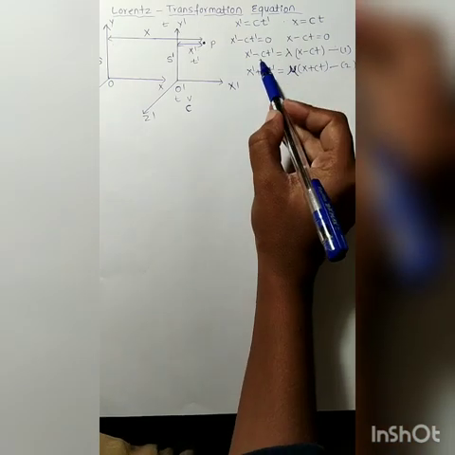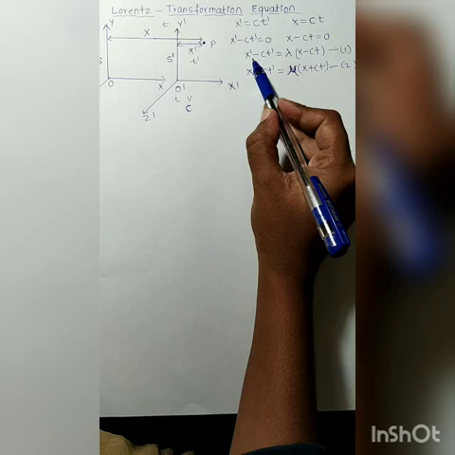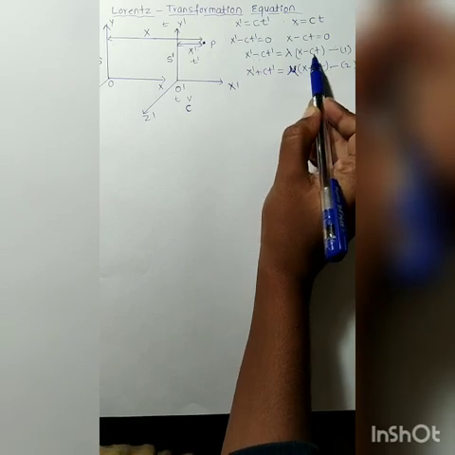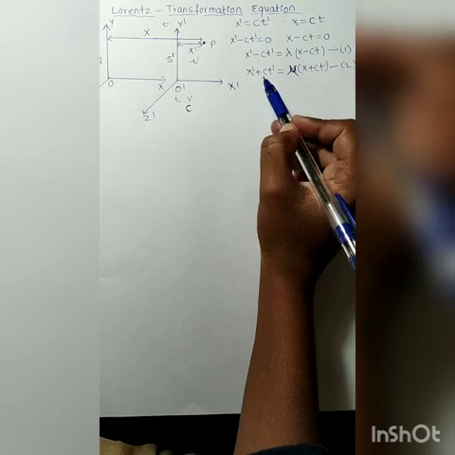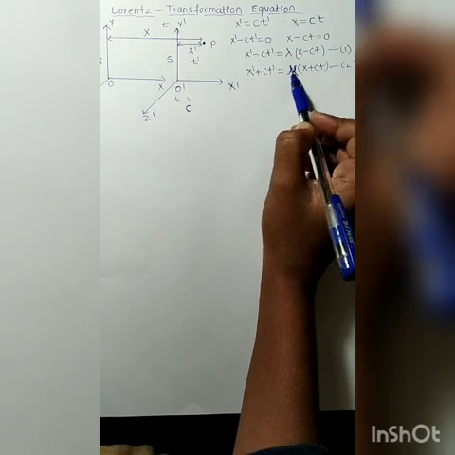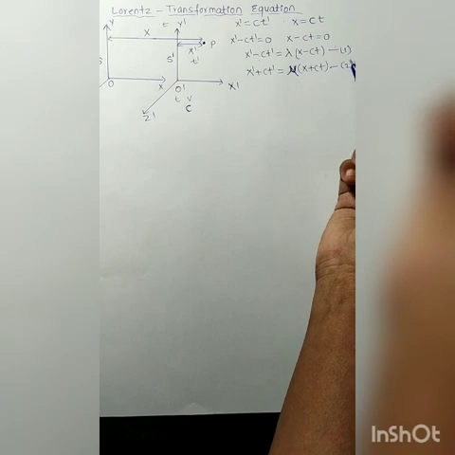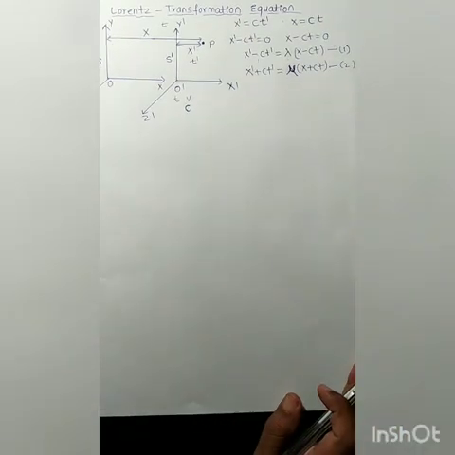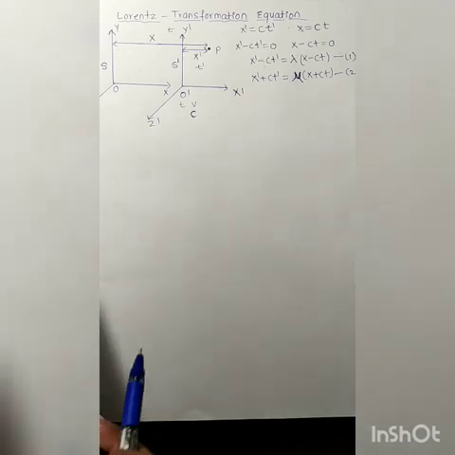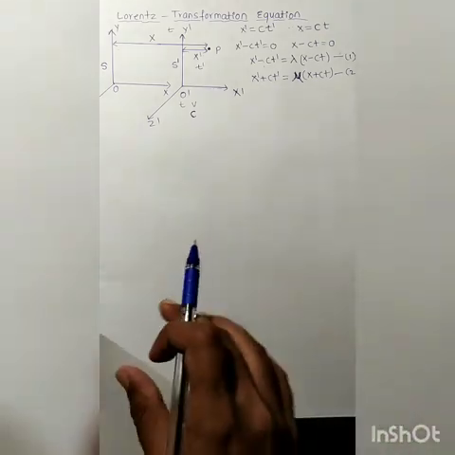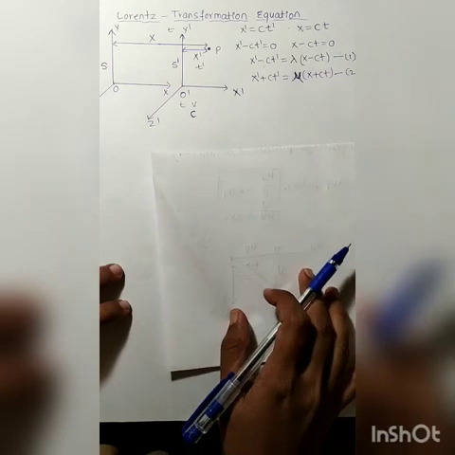Now when the s dash frame is moving along the positive direction of the x-axis, we got the first equation, and when it is moving in the negative direction of the x-axis, we got it in the positive manner. So that is the second equation. So these are the two main equations. Now we should add these two equations with each other.